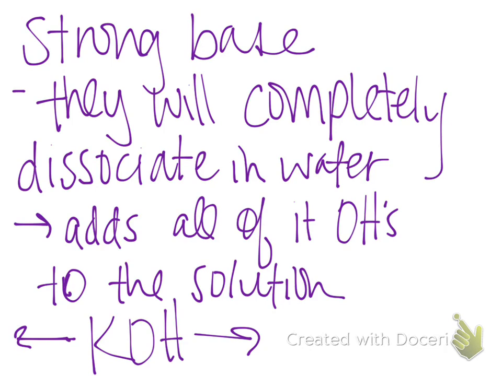The difference between weak and strong has to do with the polarity of bonds between those two atoms, between the hydrogen and whatever it's connected to. It has to do with the polarity and the bond energy within that bond. We're not going to get really into that, but that's what it has to do with.